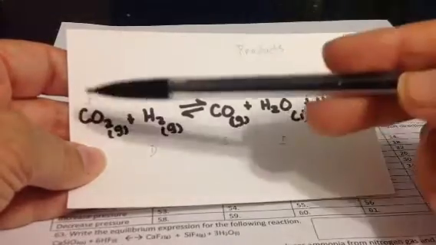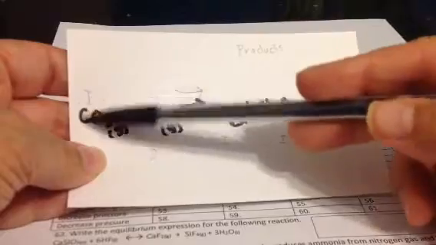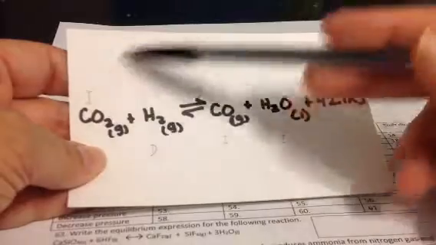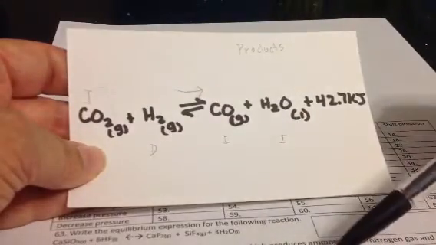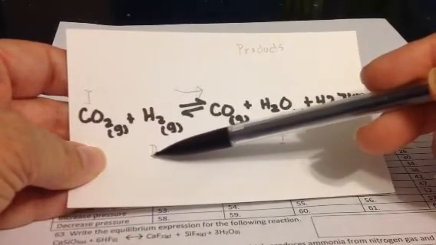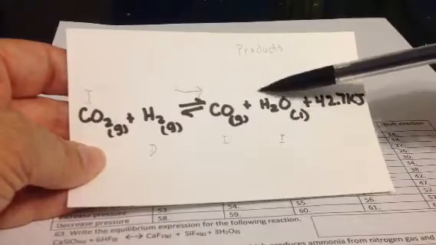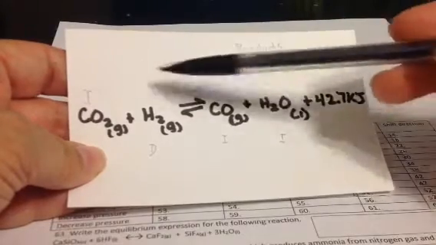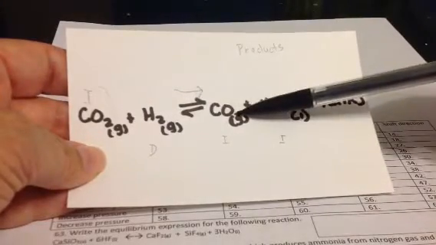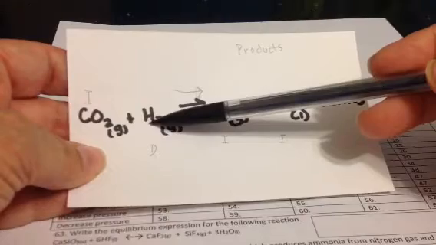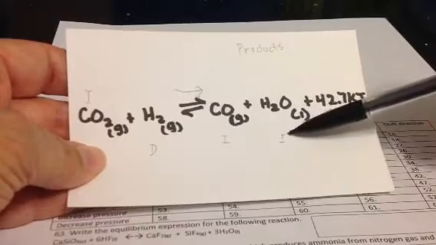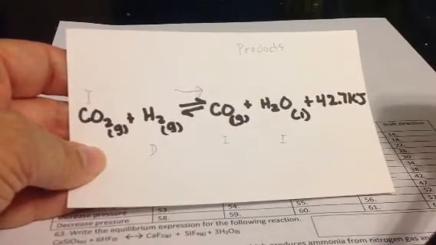The reason is, if I add more CO2, now I have more reactants, and what will more reactants do? They'll make more products. And if I make more products, hydrogen is going to be used up in the process of making more products, specifically the water. So by increasing the CO2, it forces my reaction to make more products and therefore use up more hydrogen. That is why I simply say this and this increase, and that guy decreases.